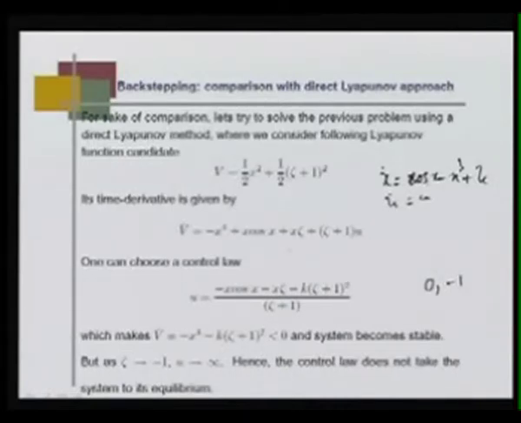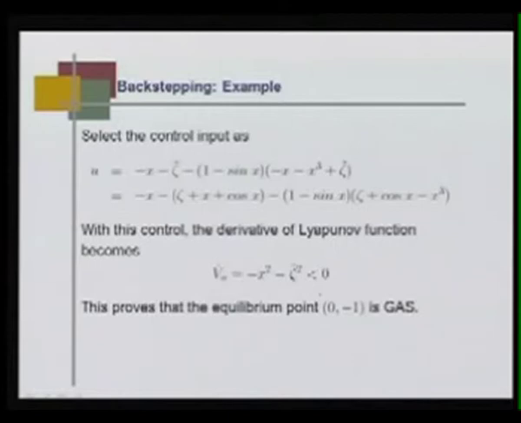Although it appears here to be stable, it is not so; hence the controller does not take the system to its equilibrium, and this controller cannot be implemented. So you see that if I assume a global Lyapunov function from the very beginning, designing the controller is very difficult, whereas we had a very nice control law that guarantees stability here.